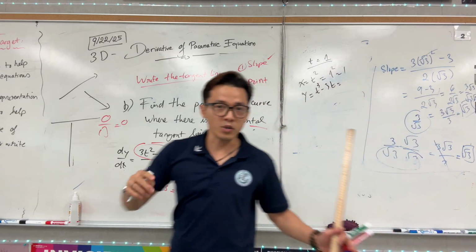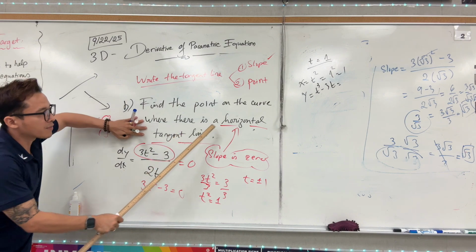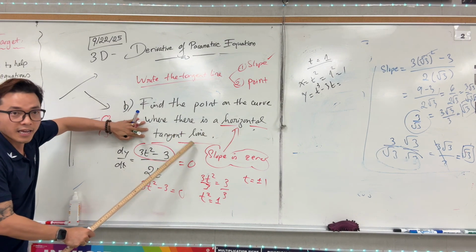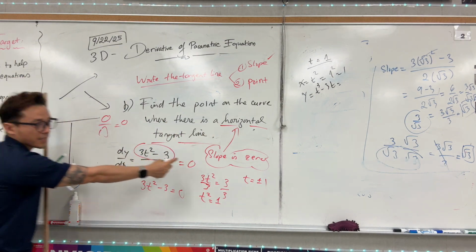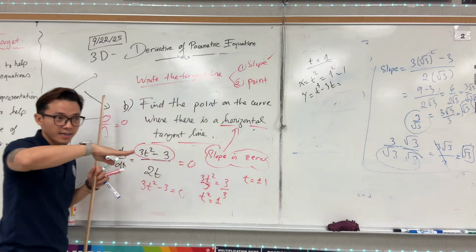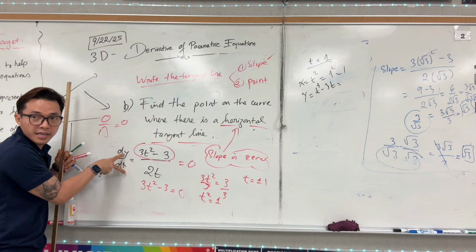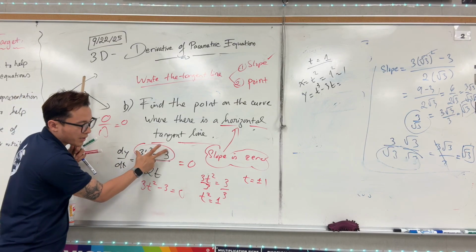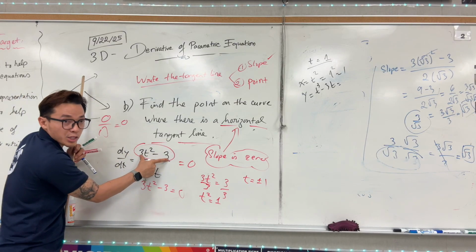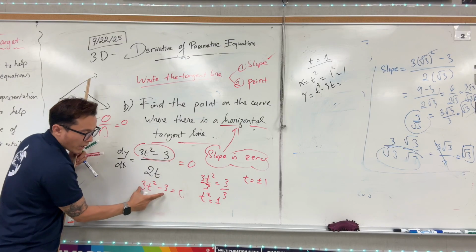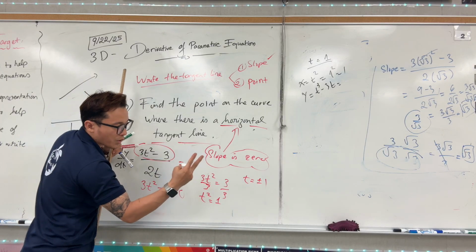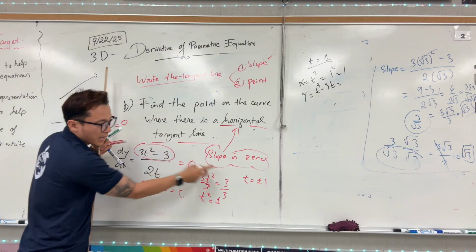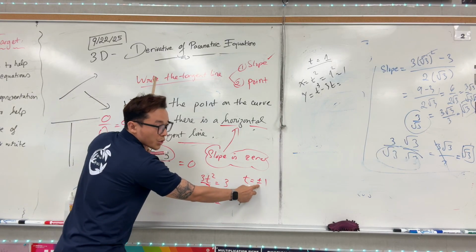Okay, let's start over. They're asking for the horizontal tangent line. And horizontal means the slope is 0, right? We found the slope already in part A. This is the slope function, right? So if I want this whole thing to be 0, that means the top needs to be 0. When I solve, I find two numbers that make this whole thing 0: t equals 1 and t equals -1.